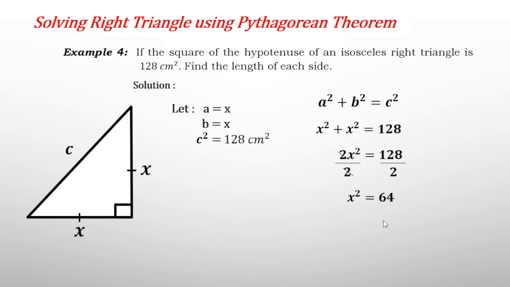Next, extract the square root of both sides, so that now we could isolate only the x. So it becomes the square root of x squared is equal to the square root of 64. The square root of x squared is equal to x, and the square root of 64 is equal to 8. Then we can say that the length of each side of this isosceles right triangle is equal to 8.